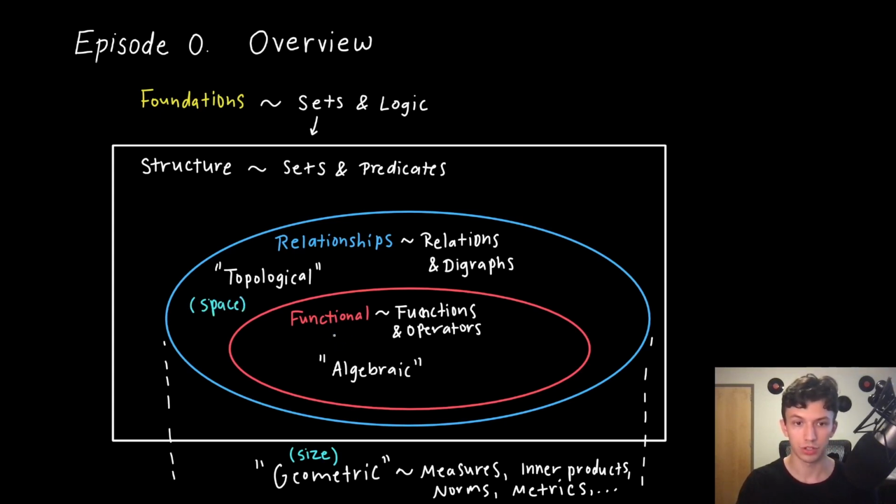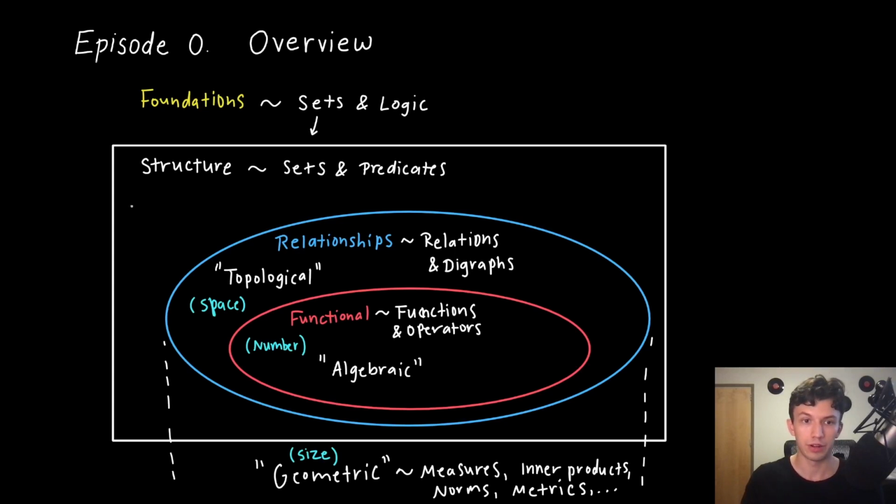And then functional structure or algebraic structure is all about number. Okay. So now geometric structure is what happens when you apply algebraic structure to topological structure. So you're applying numbers to space, and then you get a size. Okay. So we got algebraic structure, topological structure, and then geometric structure. We'll cover all those in three different chapters.